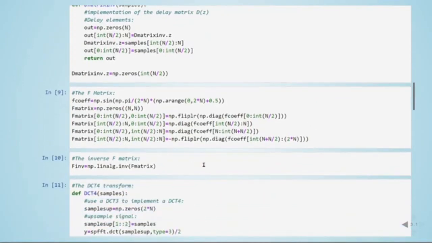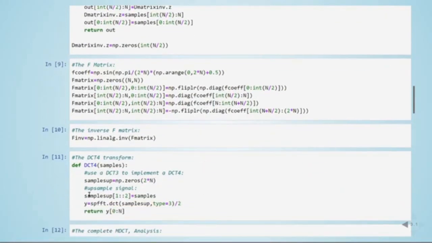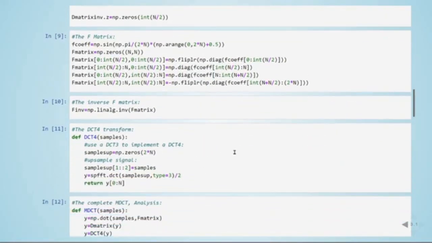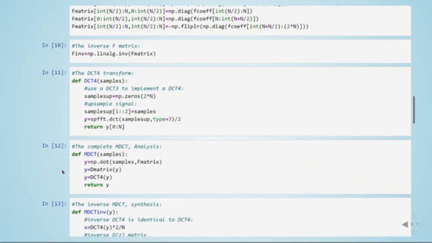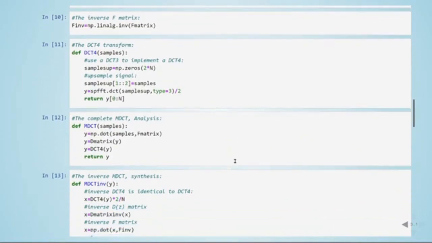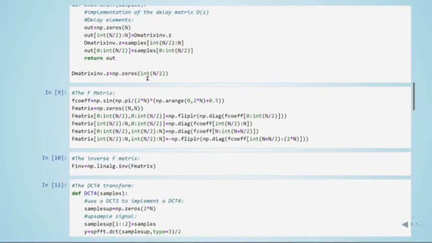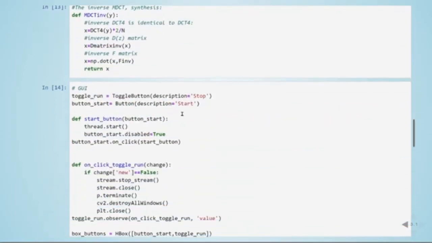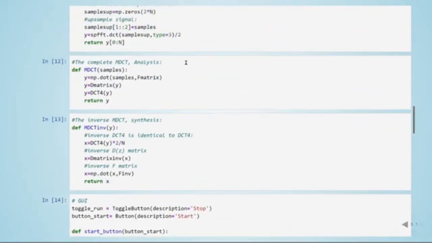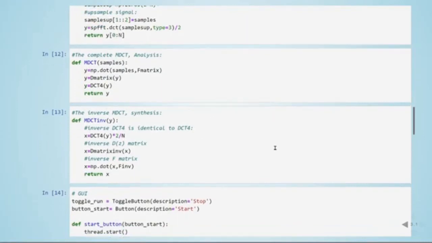Here's the inverse F matrix, and here is the DCT4 transform, and here is the complete MDCT analysis. So the inverse MDCT is the synthesis. So here we have all the elements required to have a complete MDCT analysis and synthesis filter banks.